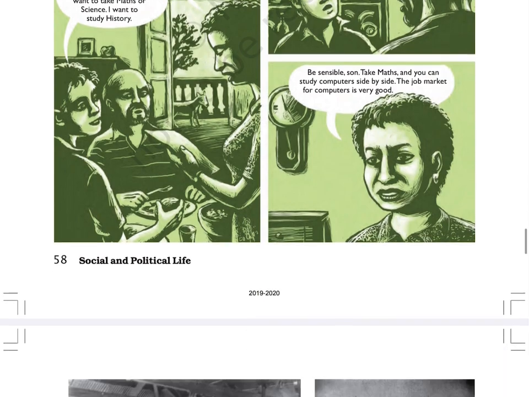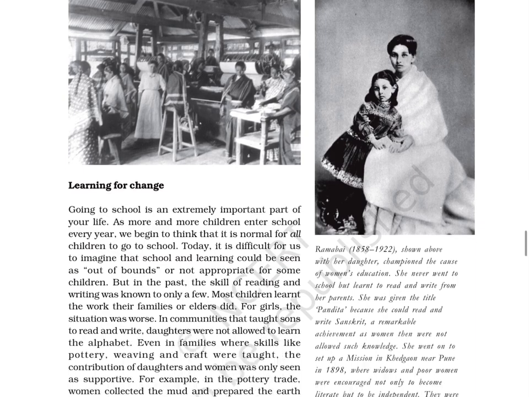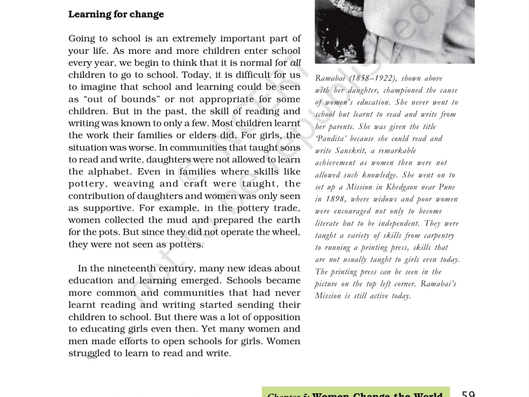Page number 59. On this page, there is a picture given of some women working in a factory. Again, on the same page, there is a picture of a lady with her daughter. Next to it, a note is given, which reads: Ramabai, 1858 to 1922, has been picturized here with her daughter, championed the cause of women's education. She never went to school but learnt to read and write from her parents.